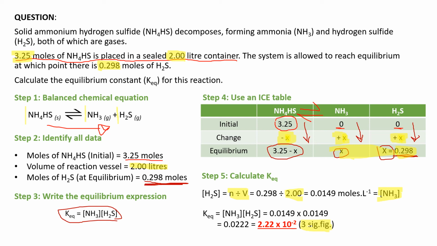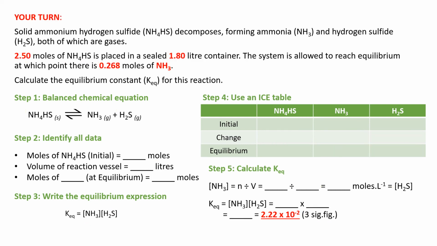All right, so we've done our calculation. Now maybe you'd like to have a turn. So this is exactly the same question, but I've changed 4 values. The values are all highlighted in red. So the number of moles of ammonium hydrogen sulfide has changed. The volume of the reaction container has changed.